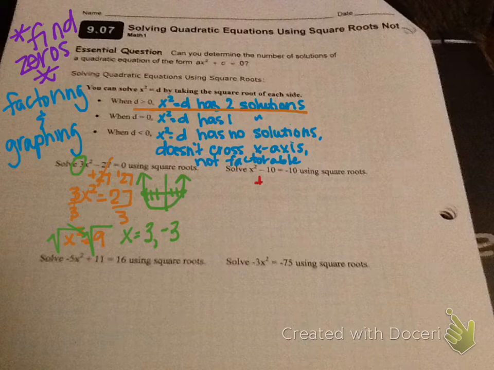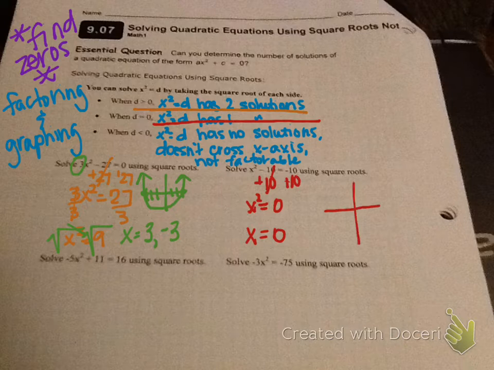So the next one, if we add 10 to both sides, we get x squared equals 0. And this is showing us that there's one solution. That one solution is 0. And so in this case, our parabola opens up because we have a positive x squared term, and it just touches right there at 0, 0, the origin.